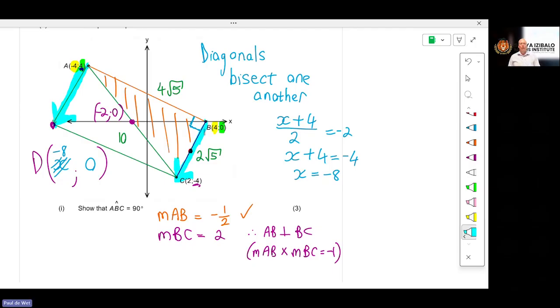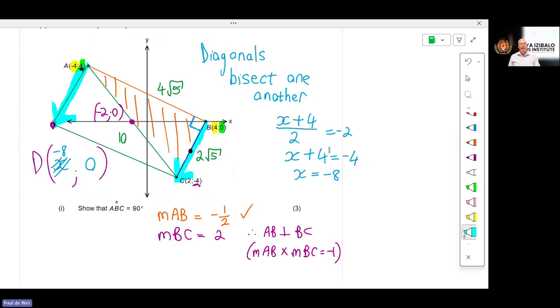Okay? So, in words, when I go from B to C, what happens to my x value? Does it get bigger or smaller? It gets smaller by how much? By 2, okay? So, if it gets smaller by 2, then this x value must also get smaller by 2. And now I'm not so sure about this answer that you gave us here.